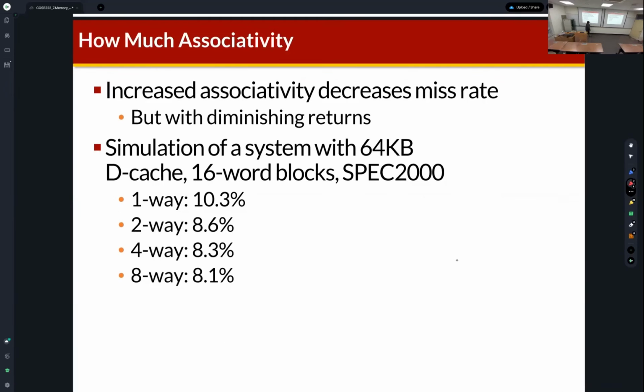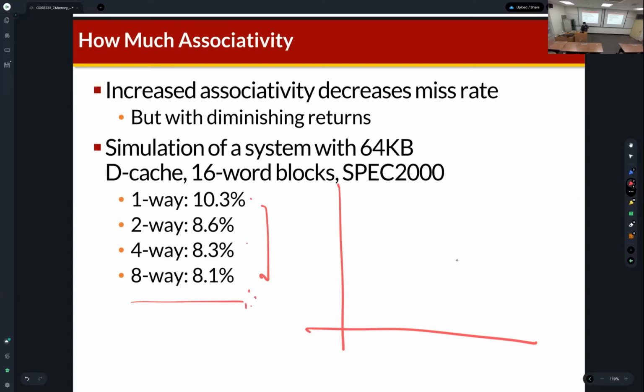So then in order to increase the performance of our CPU, you may think that, oh, we can use the fully associative cache. But it's not always true. For normal applications, this slide shows the miss rate by associativity of cache for the SPEC 2000 benchmarks, for the data cache.